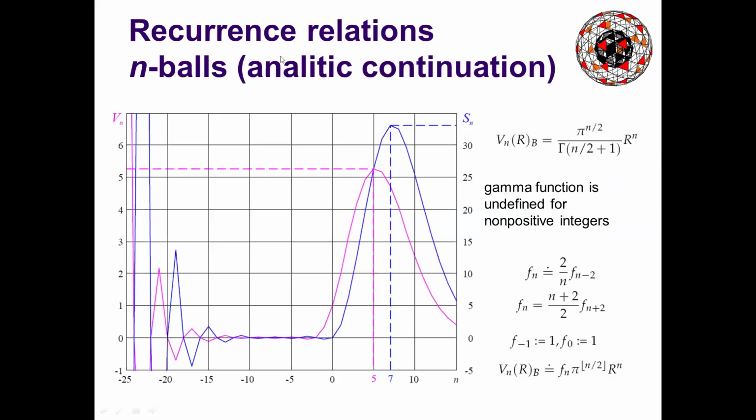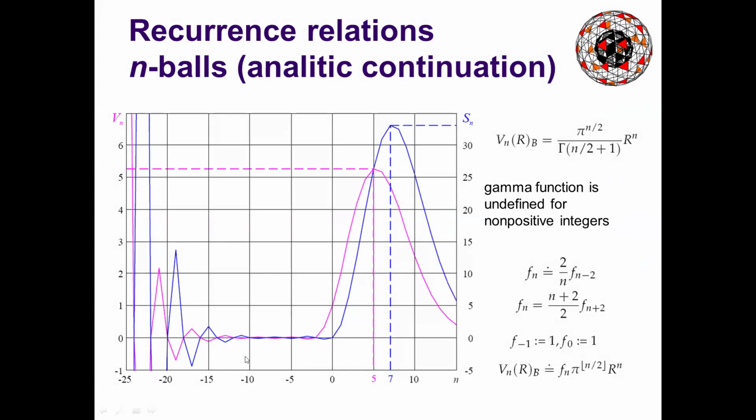Other research concerned the application of a novel recurrence relation that helped us establish the values of the volume and surface of balls in negative dimensions, by removing the singularity, because the gamma function is undefined at non-positive integers: -5, -4, and 0.